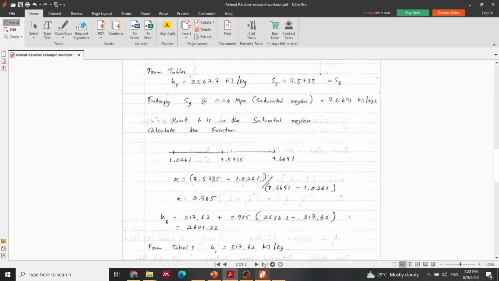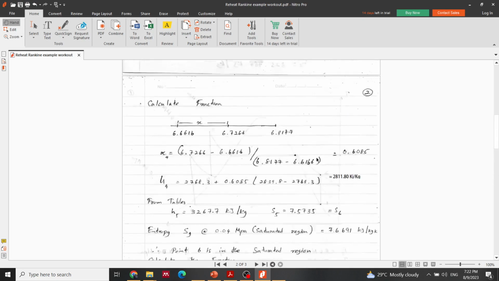That is what is given here. So with that we can calculate the H6 value, the enthalpy at point 6, as 2601.32.